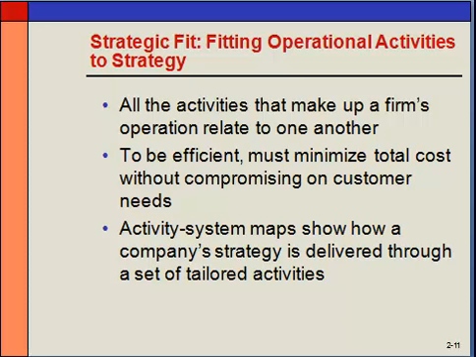And a way you can do that is using a visual diagram called an activity system map. And look at the one in the book for IKEA. It's a pretty good example. And this will just kind of tell you, are we marching to the right orders, or are we doing something that's not consistent with our overall strategy?